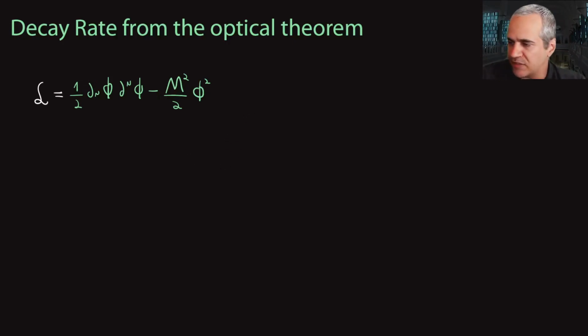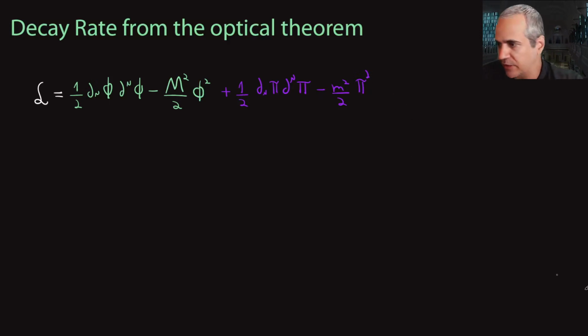Now, I'll introduce a second scalar. It also needs a kinetic term. I'll call the second scalar pi. It also has a mass, which I'll use lowercase m. And of course, these two guys need to have some interaction, otherwise nothing happens. I'll use an interaction that looks a lot like a phi-cubed interaction, so just put a lambda over 2 phi pi squared.